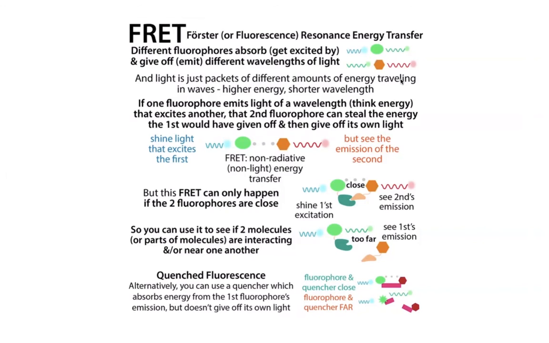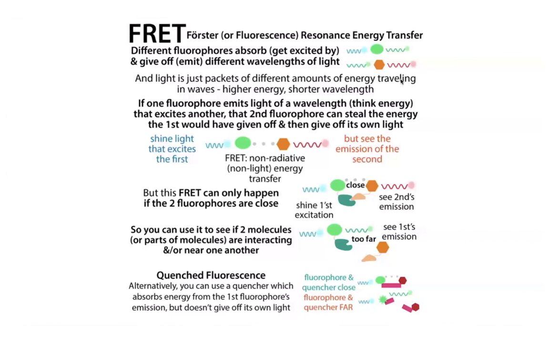And then the second fluorophore is going to emit light. Remember that each time you're emitting light, it's going to be lower energy, longer wavelength than the light you absorbed, because nothing is totally efficient and you lose some through heat and vibration and all that stuff. So you're going to start seeing lower energy light if you get FRET.